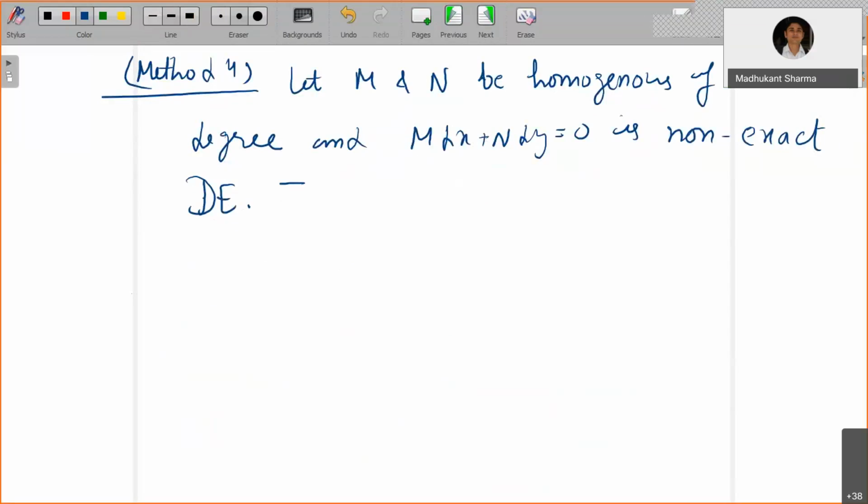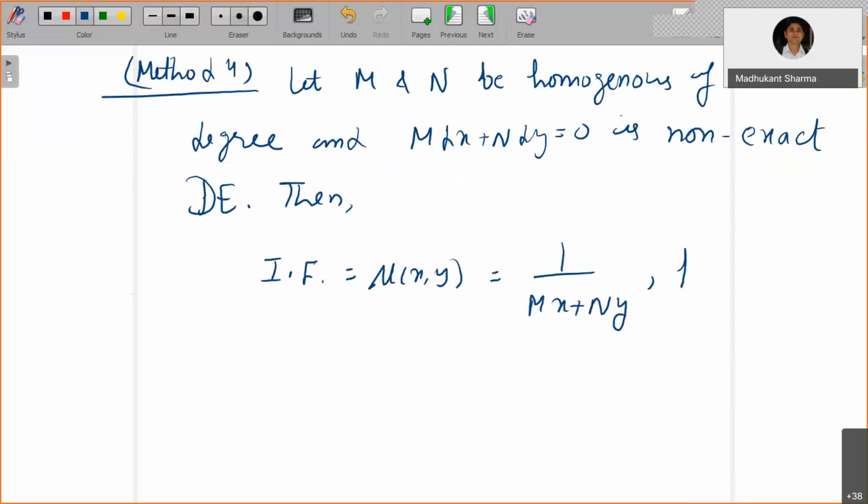Then I'm giving you the integrating factor mu of x comma y, that is equal to 1 upon mx plus ny, provided mx plus ny is not 0.